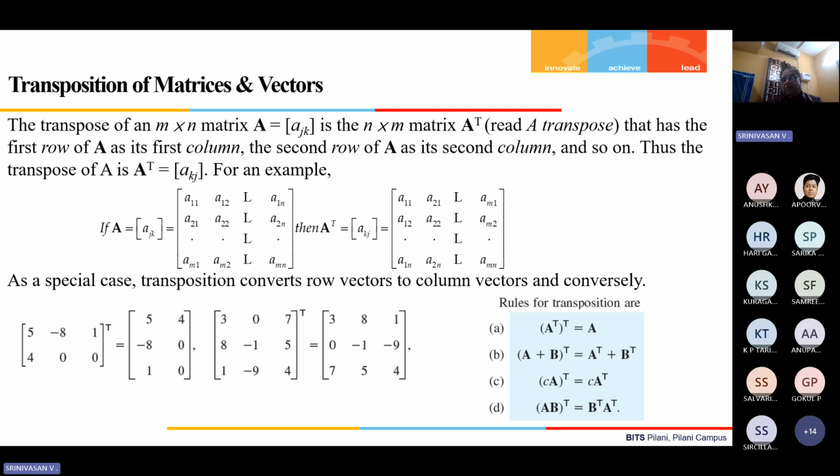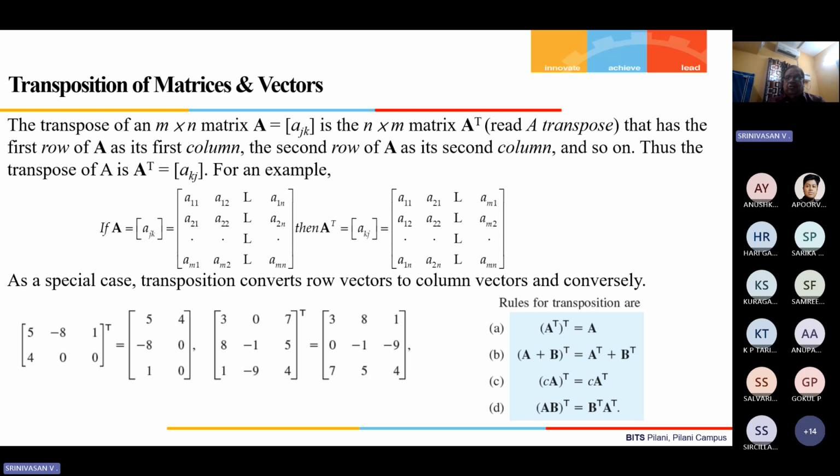That's very important here. The constant scalar can simply be taken out from the entries of matrix A because this common constant is being multiplied, and A gets transposed. So the transpose of CA is nothing but C into A transpose. There is no transpose for C. It just comes out, so it remains the same.